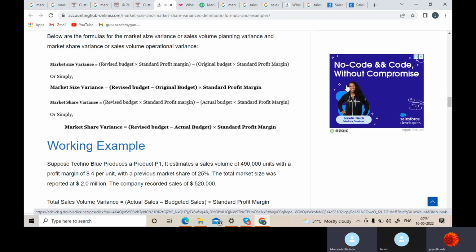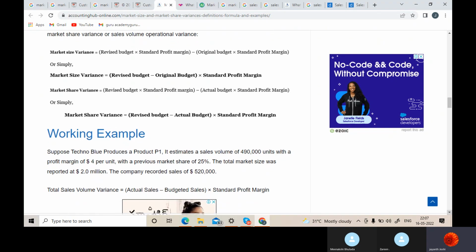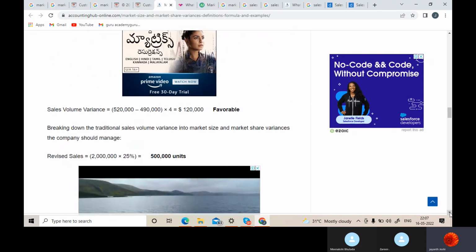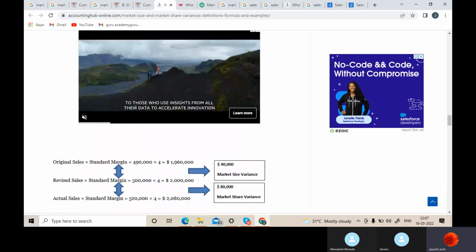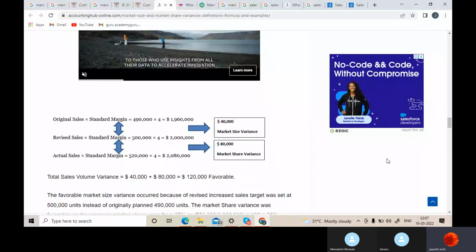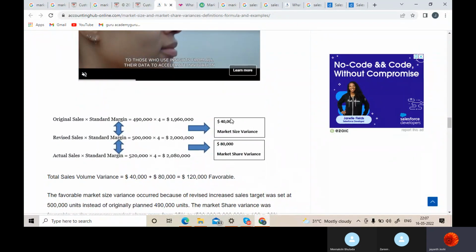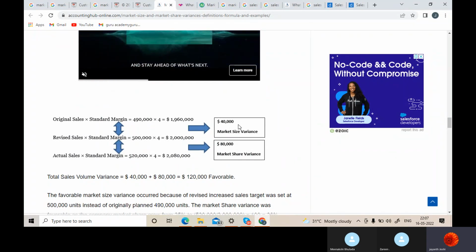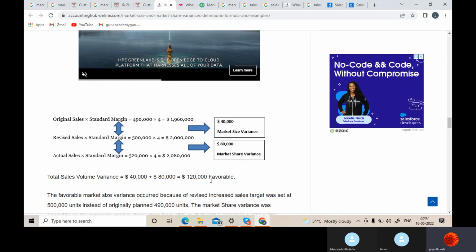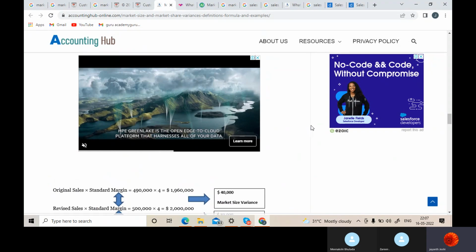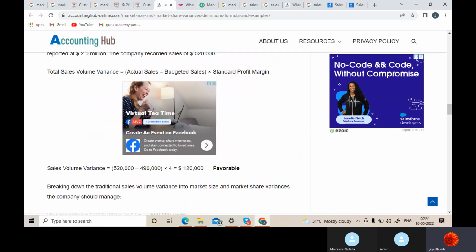Sir, 1,20,000. Very good. Done. So market size variance is 40, market share variance is 80. Total is 120. Correct? You got the same thing now? Yes, sir.